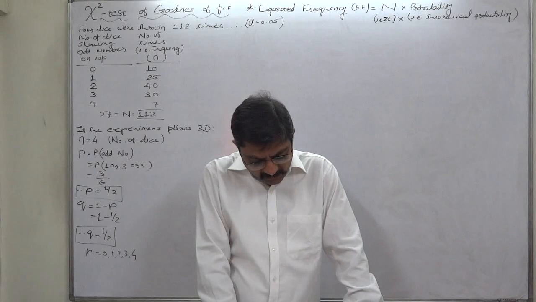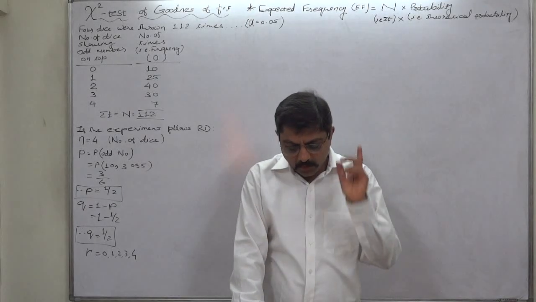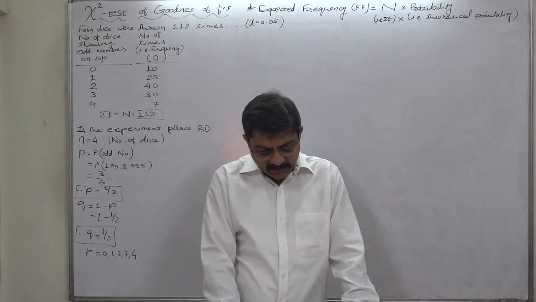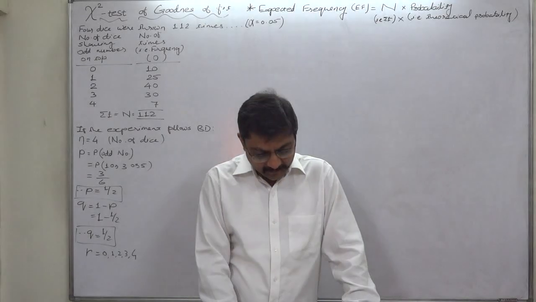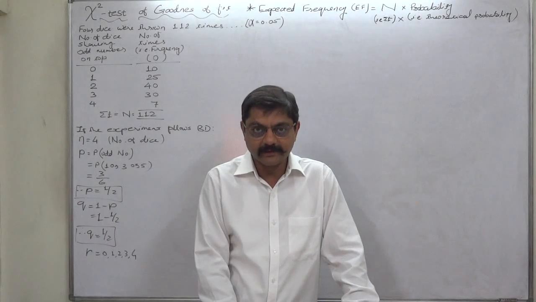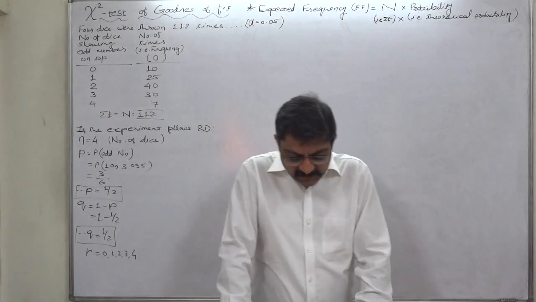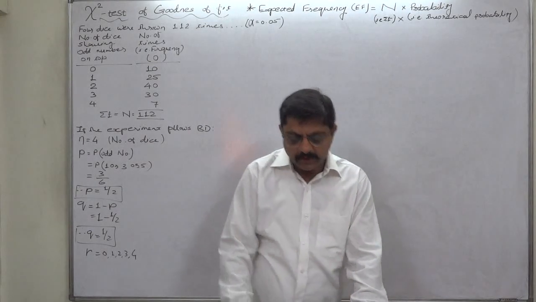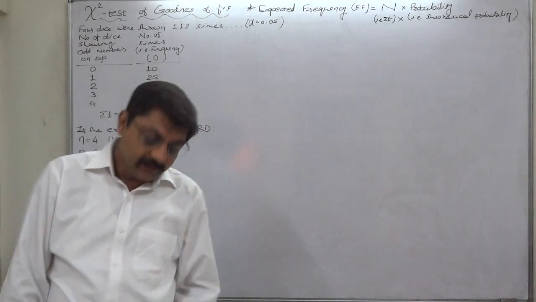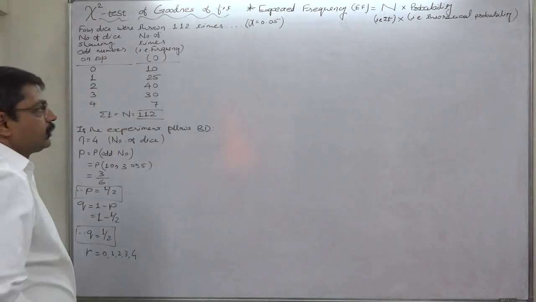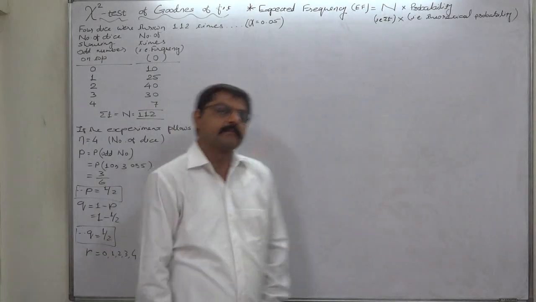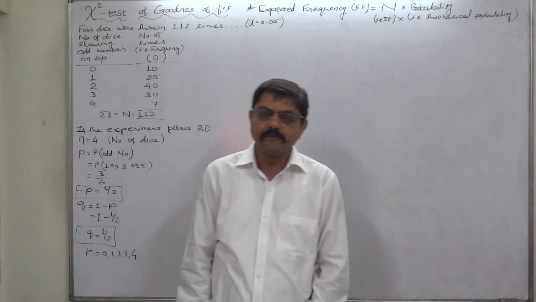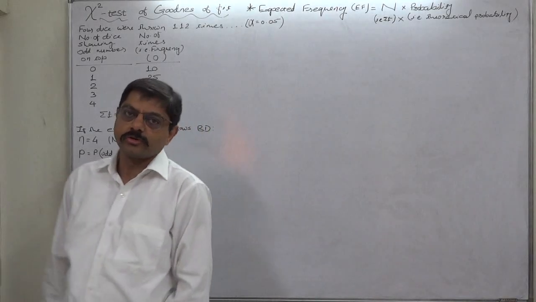He told this fact to the professor, and the professor also assigned an added task, as we are always habituated to do, of testing whether the experiment follows binomial distribution or not. The professor also told them to test whether the experiment follows binomial distribution or not.